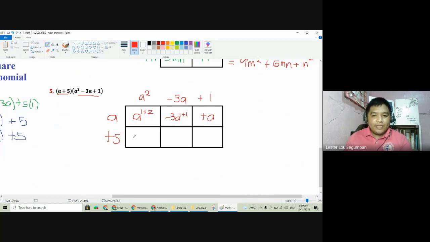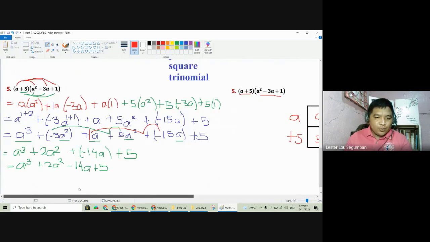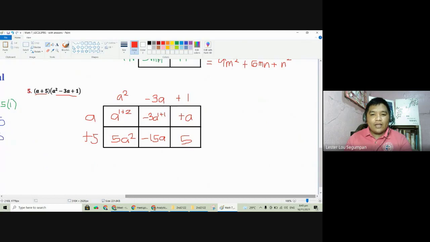Next, 5 times a squared is 5a squared. 5 times negative 3a is negative 15a. 5 times 1 is 5. The good thing about this area model or lattice multiplication is, again, if you're confused with this, especially when adding terms, you could see this in the diagonal portion.